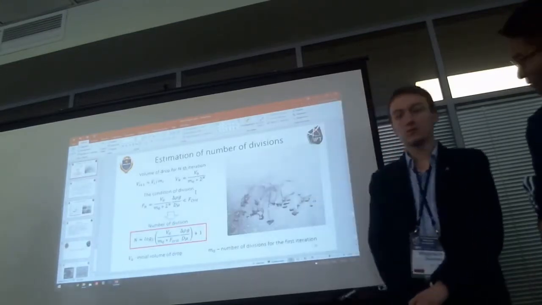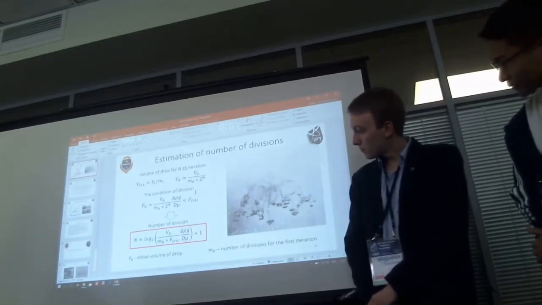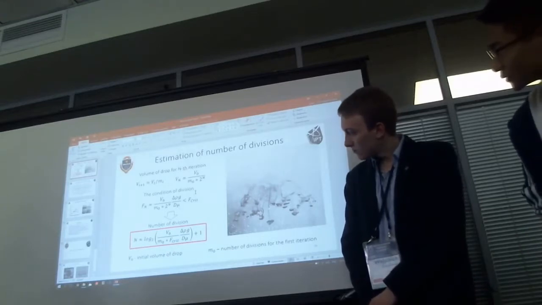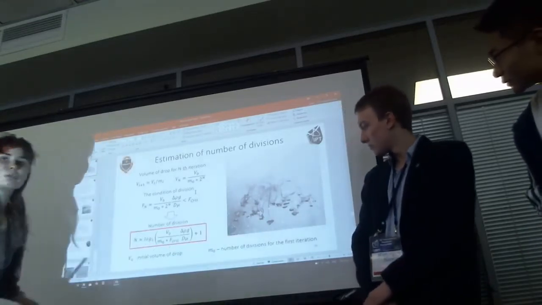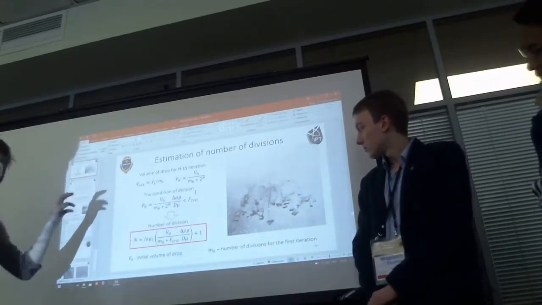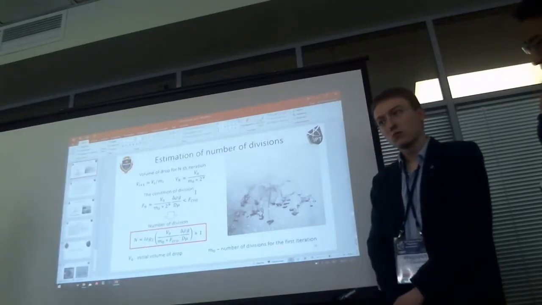Here V naught is the initial volume, delta rho is the density, and g is gravity. And M naught, what is that? It's the number of divisions for the first iteration. We used all of our technique proposed above to calculate this.